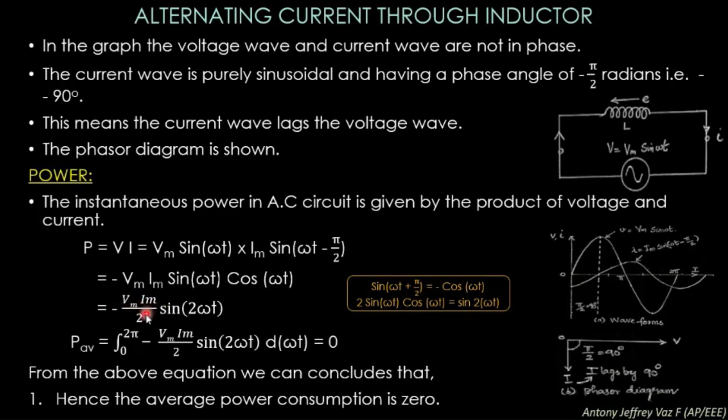So the integration from 0 to 2 pi of minus Vm Im by 2 sine 2 omega t d omega t will give you a net result of 0. From the above equation, we can conclude that the average power consumed by an inductor circuit is 0. So the inductor circuit will not consume any power when a pure sinusoidal waveform is passed into a pure inductor circuit.